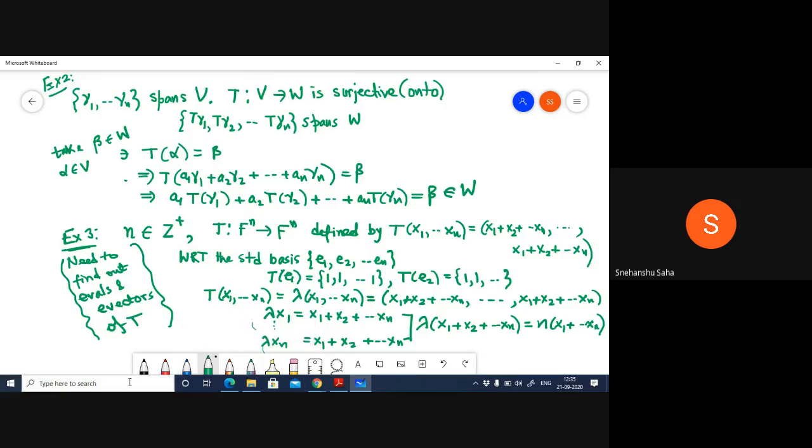The thing about eigenvectors is that we are interested in nontrivial eigenvectors, so the sum x1 plus x2 plus xn will not be 0. Therefore you can cancel on both sides, and your eigenvalue turns out to be n. Interesting, right? And n could be any scalar; it could be equal to 1, greater than 1, or whatever.